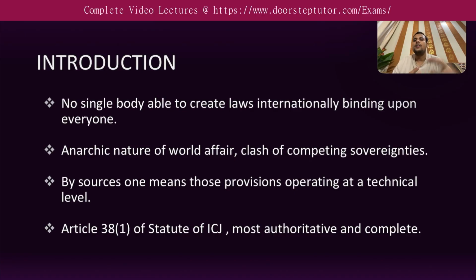This means that the Indian state says that international law should follow these principles. The United States believes that international law should follow these principles. So there is a clash of sovereignty when it comes to international law. Now there are sources available from which we can extract the rules and analyze them.